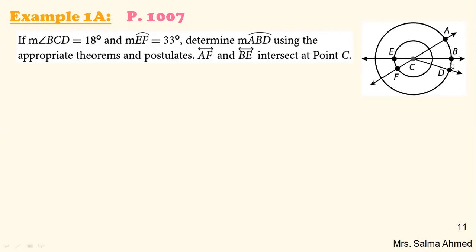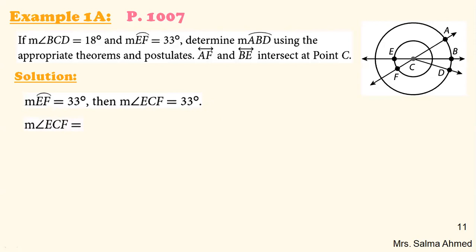We need to find all of this arc ABD using the theorems and postulates, given that AF and BE intersect at point C. If arc EF is 33, then the measure of angle ECF is 33, since the arc is equal to the central angle, as we mentioned before. The measure of angle ECF is the same as the measure of angle ACB because they are vertical angles, by the vertical angle theorem.